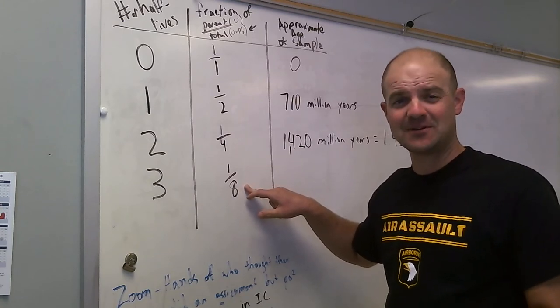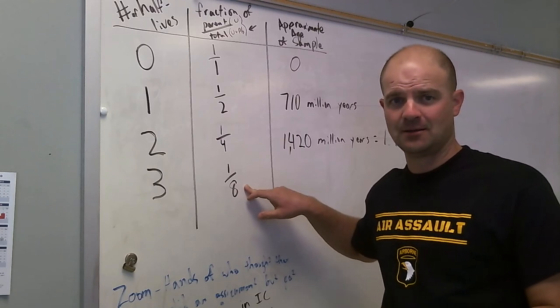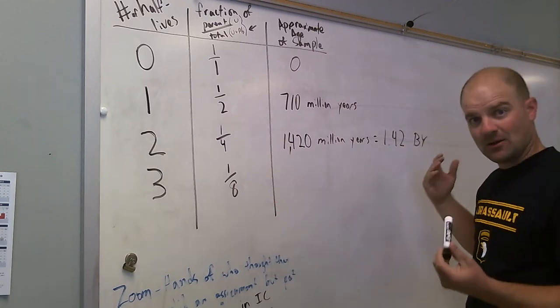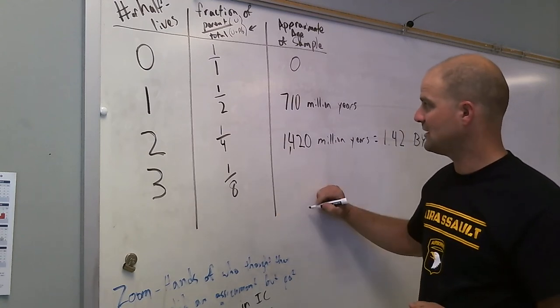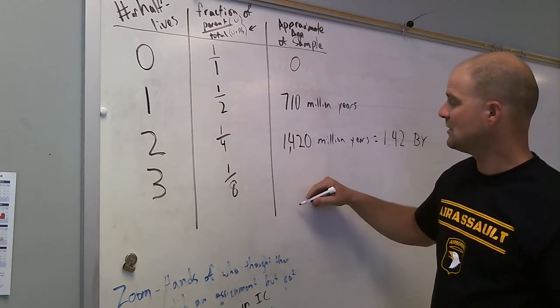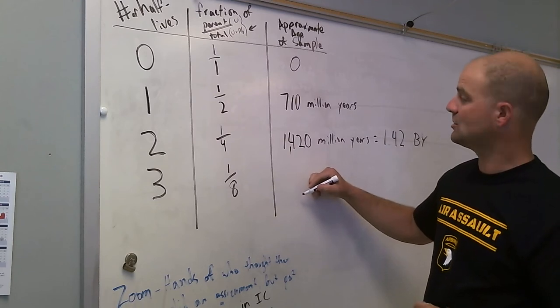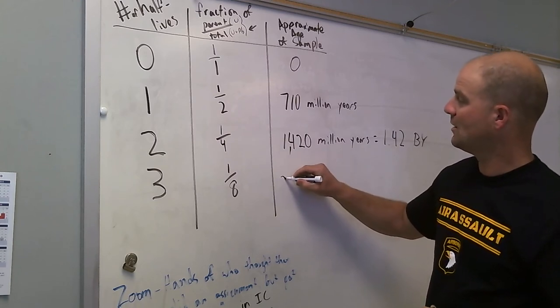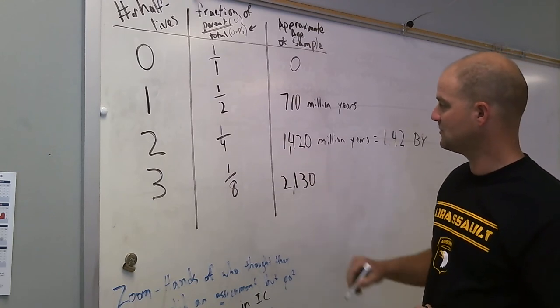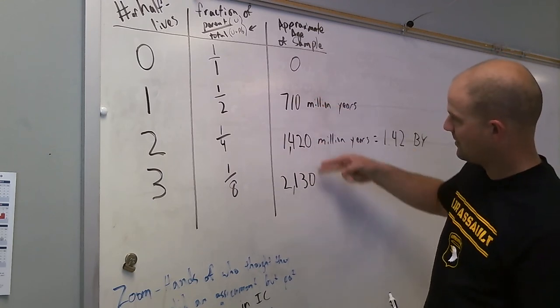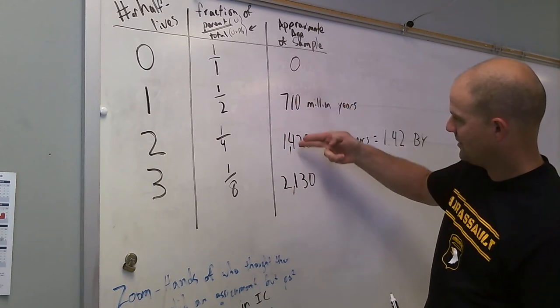The other 7/8 has become lead. And that 1 more half-life has taken place, so you're just going to add another 710 million years. So now you'd be at, oh gosh, what would that be, 2,130. Am I doing that math right? Yeah.